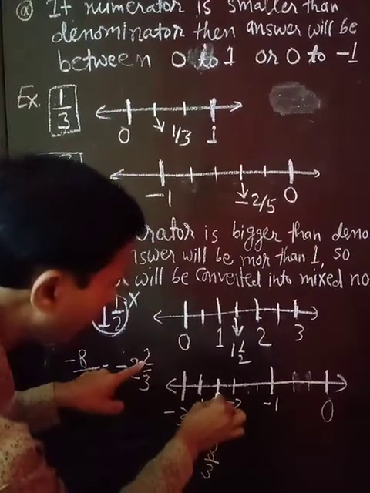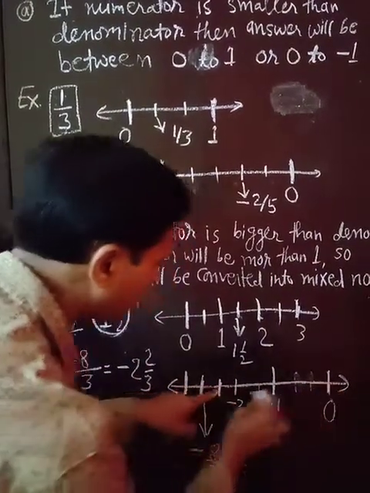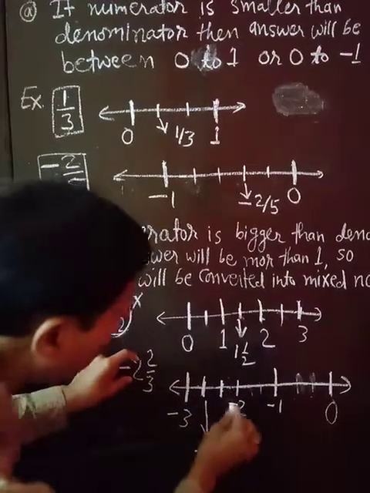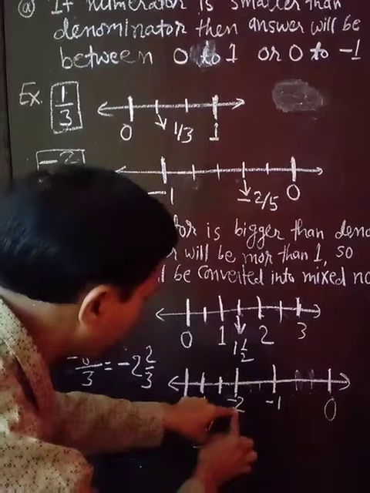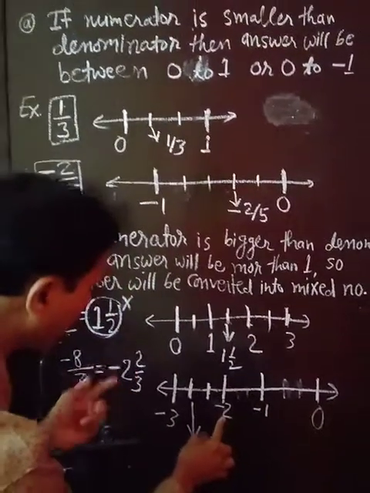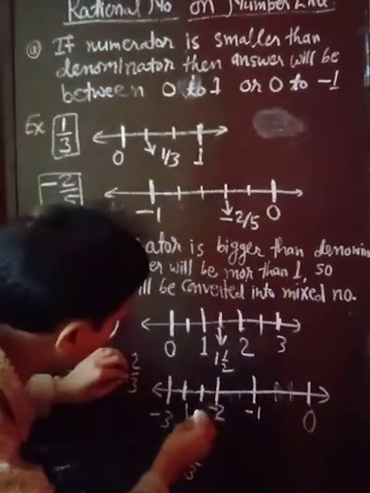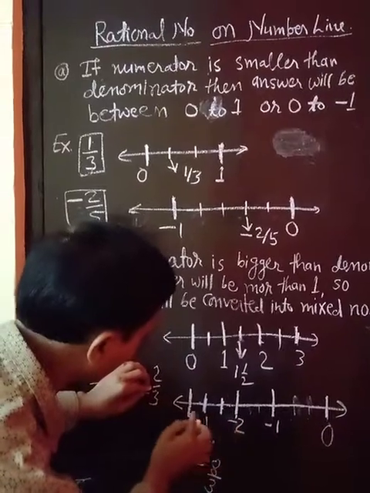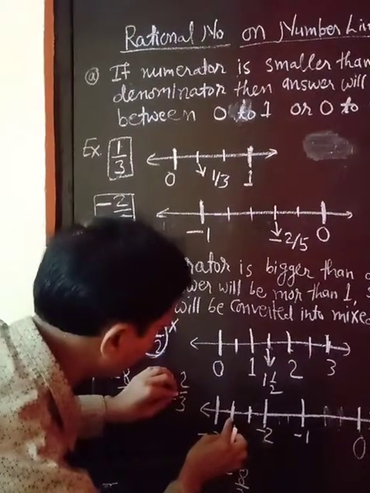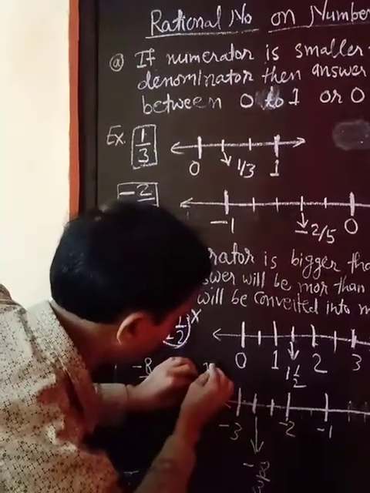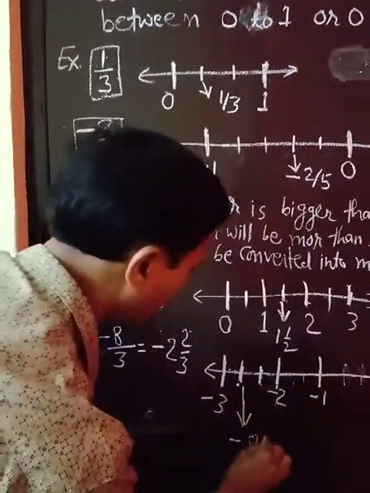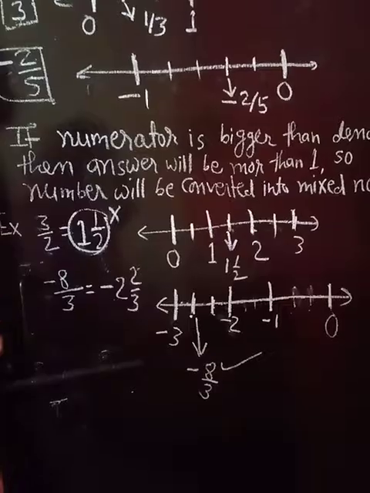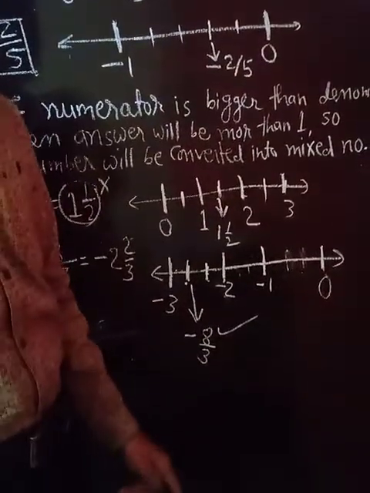We start counting from here, not from there, because minus 2 we have already crossed. So 2 by 3 will be represented between minus 2 and minus 3. So 1, 2. 3 parts divided, and 2 is the counting. So you can see by this method also we have got the same answer.